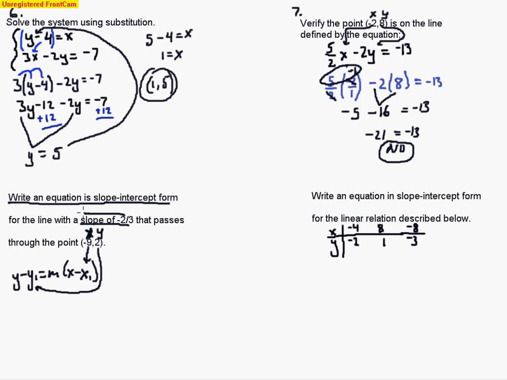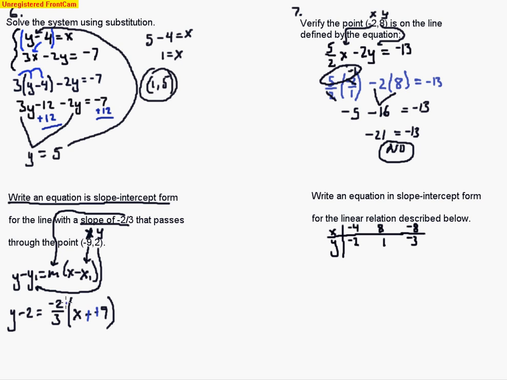So that number goes right in place of m right there. And so let's go ahead and rewrite what we've got. Y minus 2 equals the slope, which is negative 2/3, times x minus negative 9. So we go ahead and add the opposite inside those parentheses.